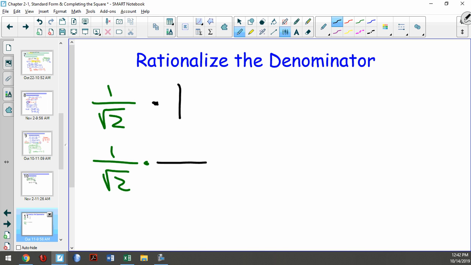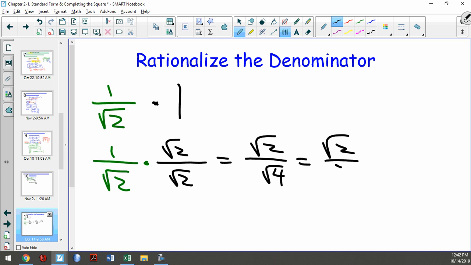So the square root of 2 times what will give me the square root of 4? Yes. What you do to the bottom, you do to the top. This is what we call rationalizing. So this is going to be the square root of 2 over the square root of 4, which just happens to be 2.